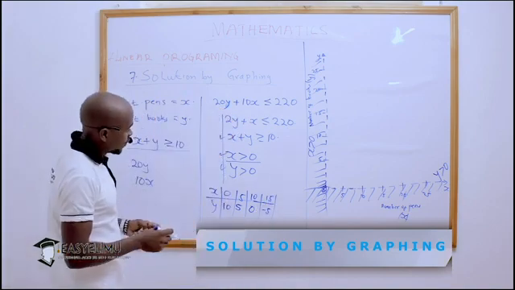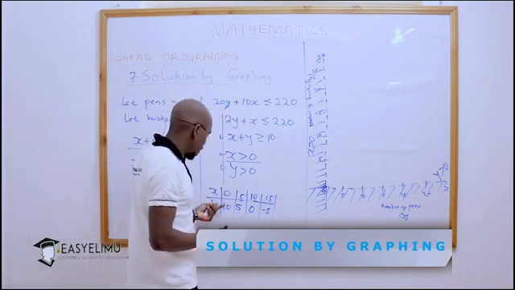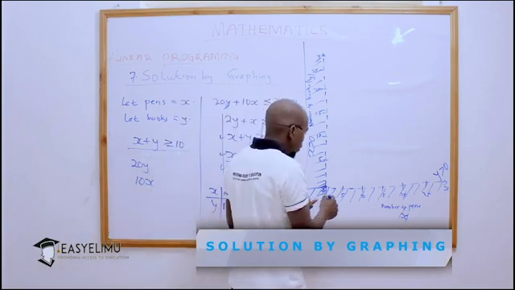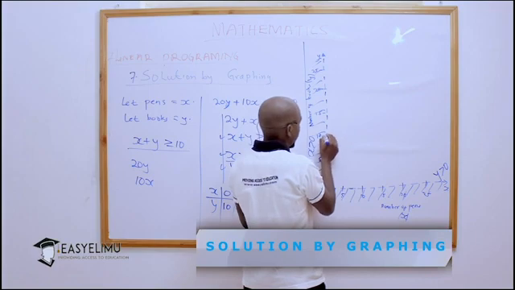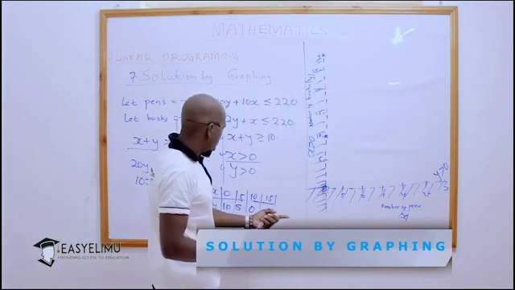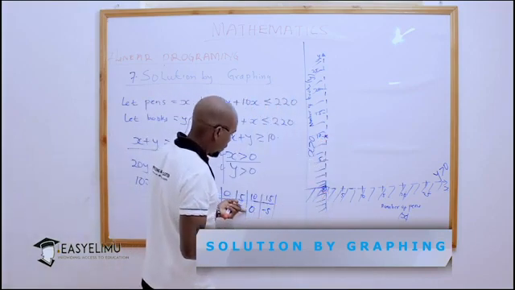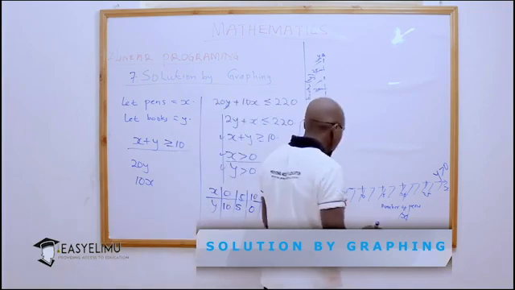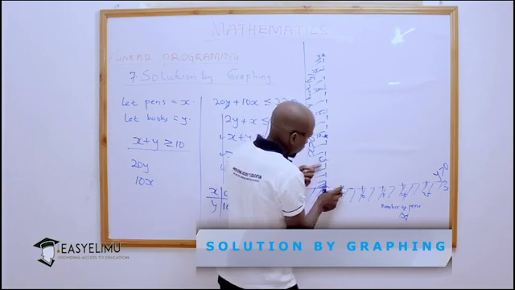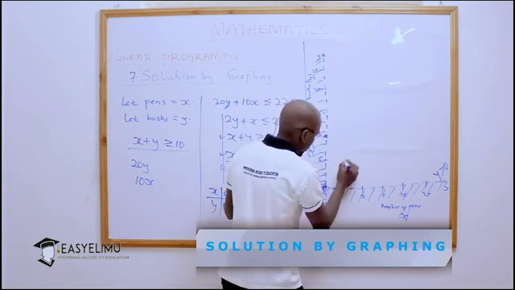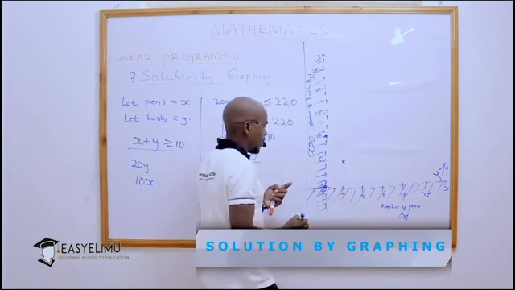So if that is the case, we can plot this one: 0, 10. If this one is 0, then the line will be passing through this point. If the number of pens is 5, then that of books should also be 5. So x is 5, we are finding it to be in the middle somewhere there.